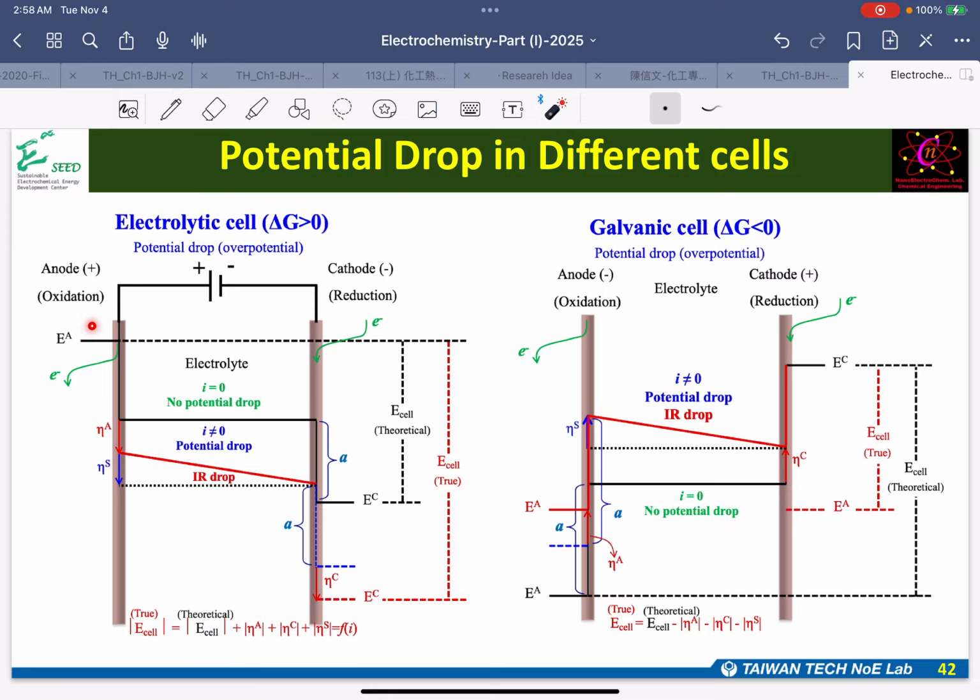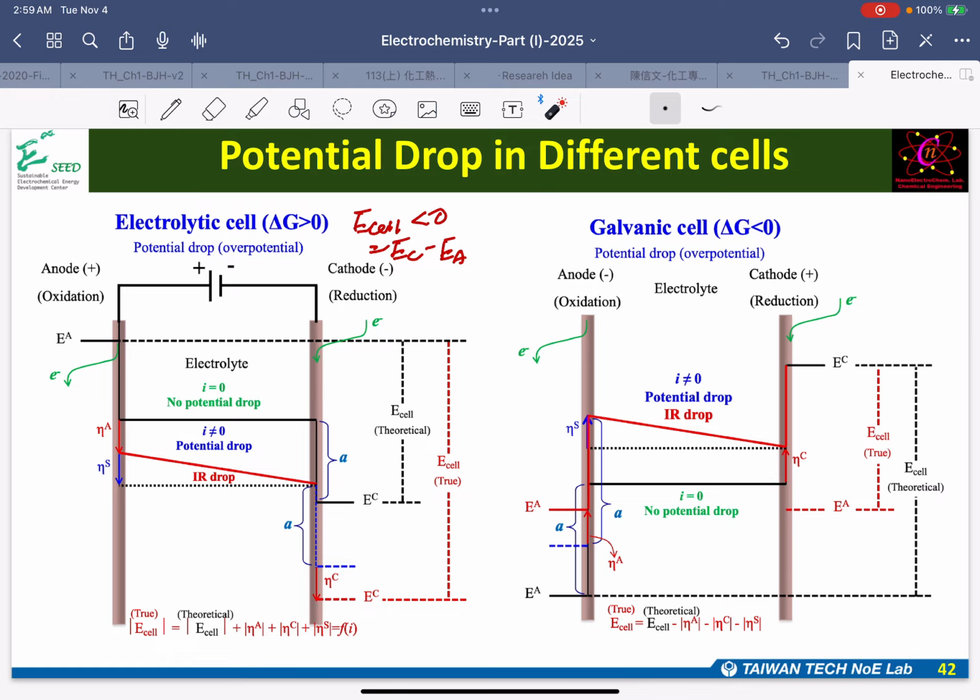So the delta E cell should be less than 0. So EC must be lower than EA in the electrolytic cell, but in the galvanic cell, just the opposite. EC should be higher than EA.